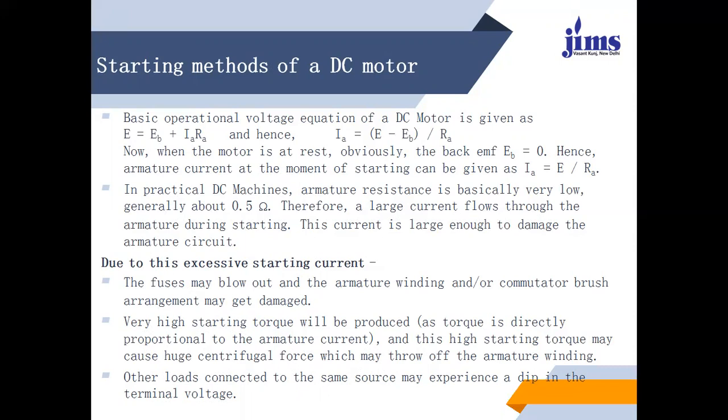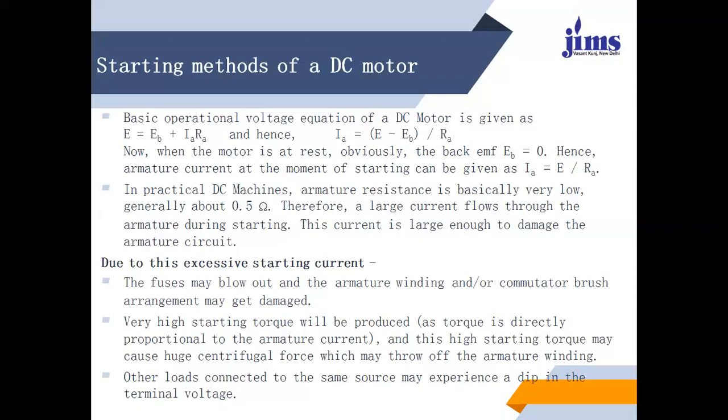If the armature has 0.5 ohm resistance, then the current drawn from the supply is very large. Therefore, a very large current flows through the armature during starting. This current is large enough to damage the armature circuit and burn the motor.